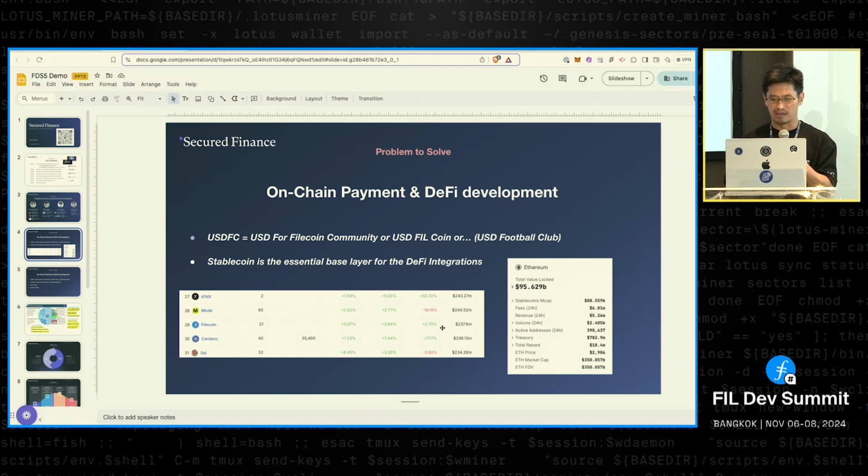What I want to say is we have a huge potential in DeFi to make it better as an entire ecosystem. We are bringing the stablecoin as a base layer for DeFi. Yeah, that's what we are bringing.